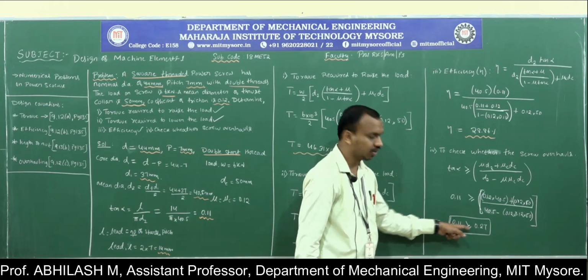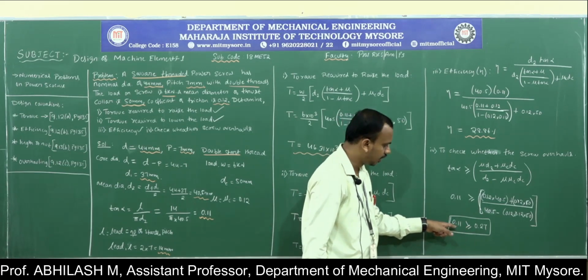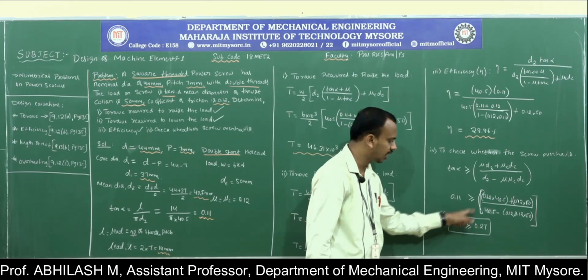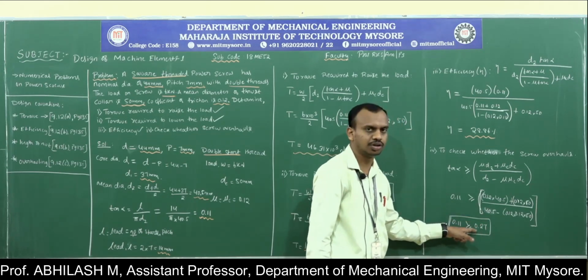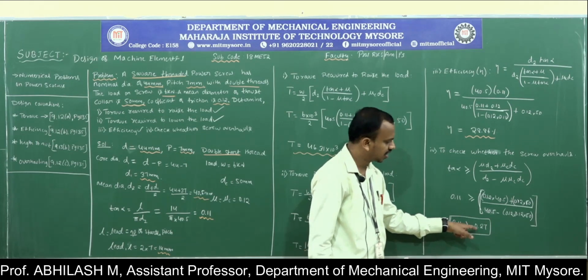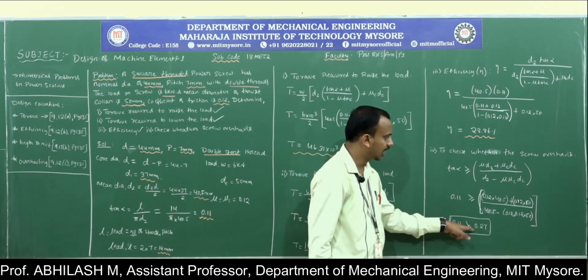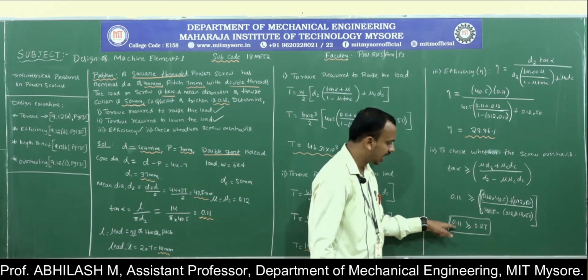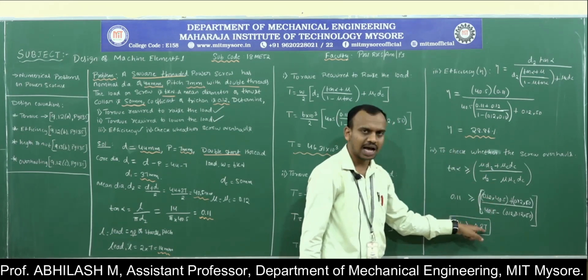If the value on the right hand side were 0.05 or 0.06, then we would have stated that this particular screw is overhauling. But here the LHS value is less than the RHS value.